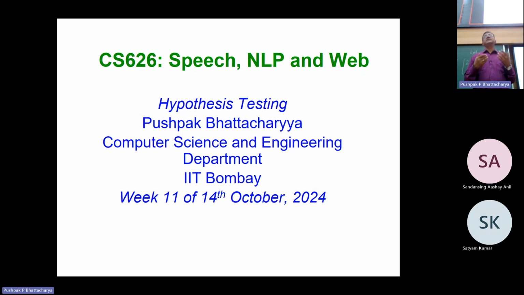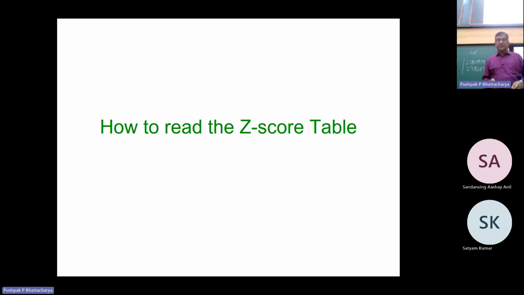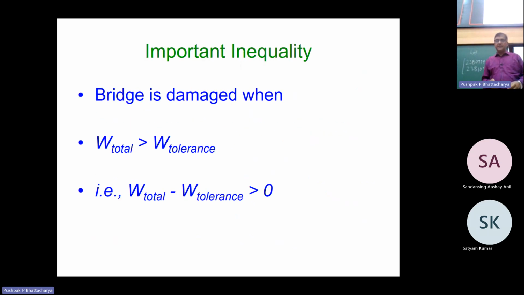So through a very simple example of coin testing, we would like to illustrate the principles and the procedure of hypothesis testing. Okay, so let's go to this example first.